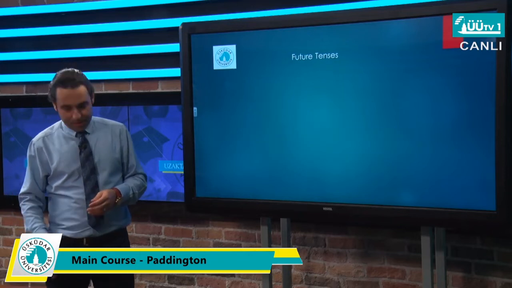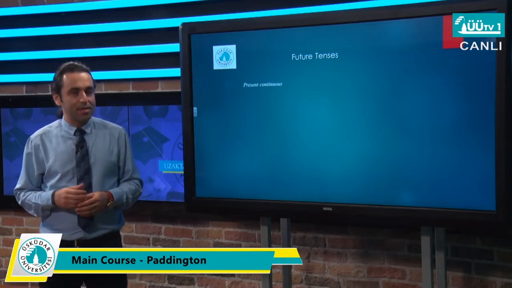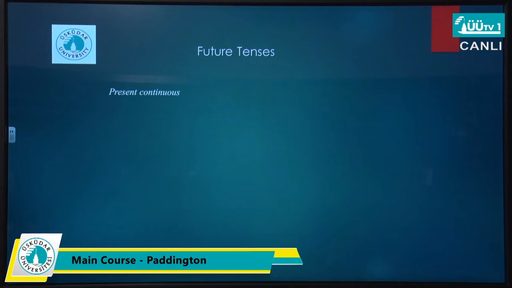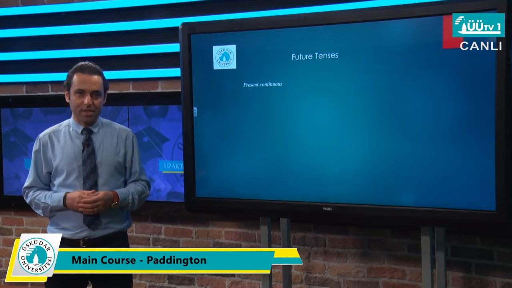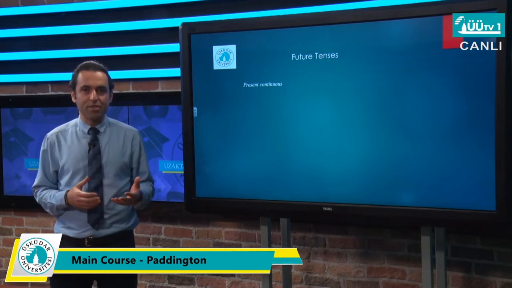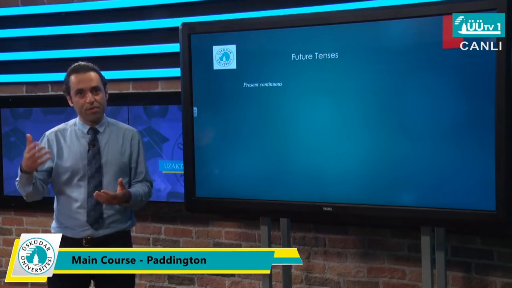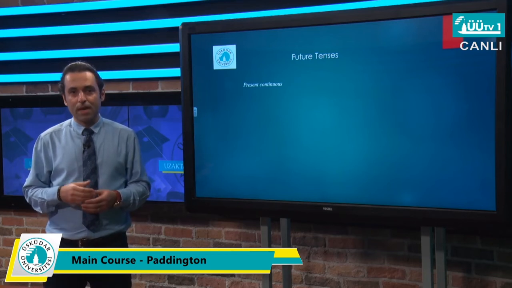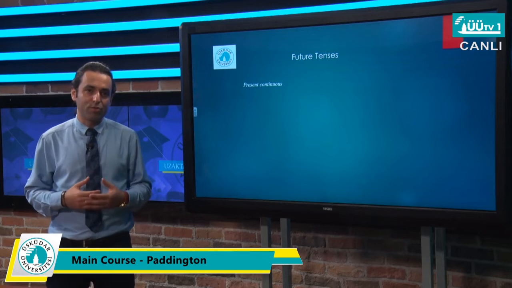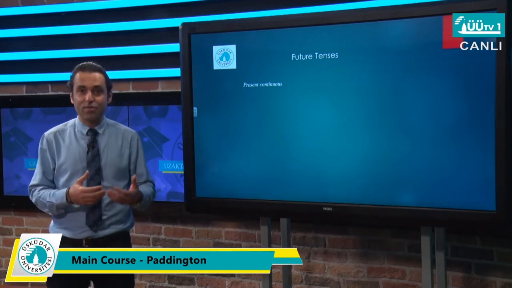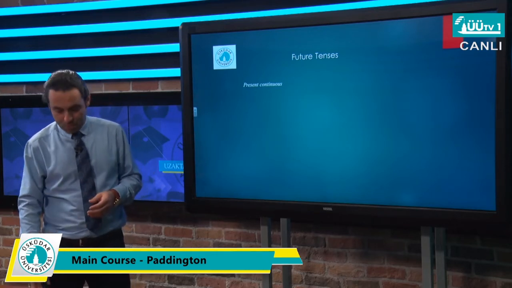Let's move on. The third circumstance or style that we use for the future is using present continuous. When you covered all the present tenses, I'm pretty sure you covered present continuous, when we want to talk about an action that is happening at the moment, or when we want to talk about a description. But how can present continuous help us to talk about the future?